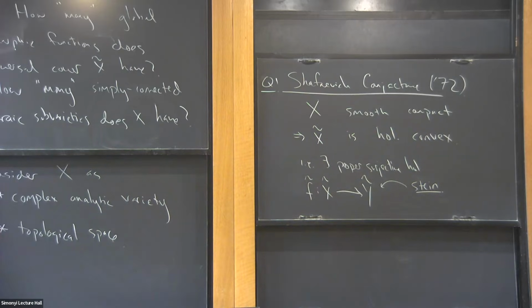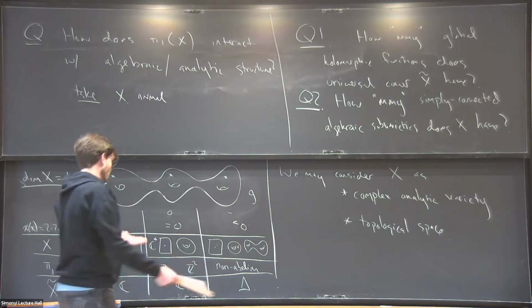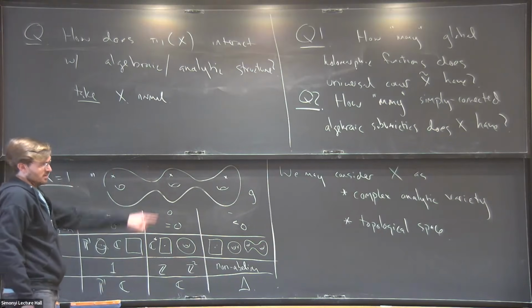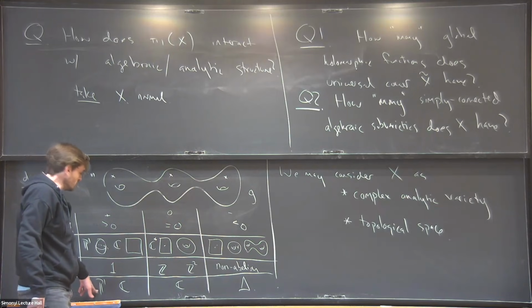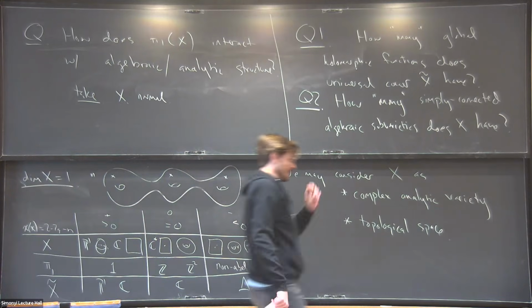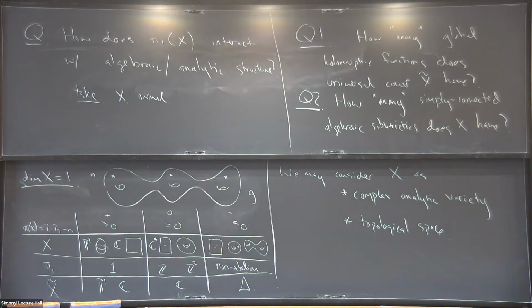Okay? So in this one-dimensional example, both the disk and the complex plane are Stein. And so is a point. So in the one-dimensional case for P1, this map would just be trivial, and would be the identity for the other two cases.